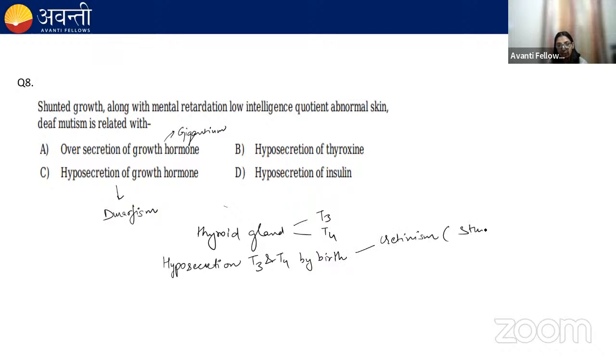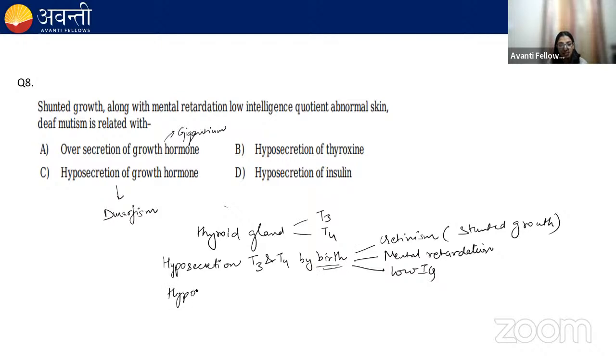Cretinism means stunted growth, mental retardation, low IQ. This you will observe when there's a hyposecretion of T3 and T4 by birth.